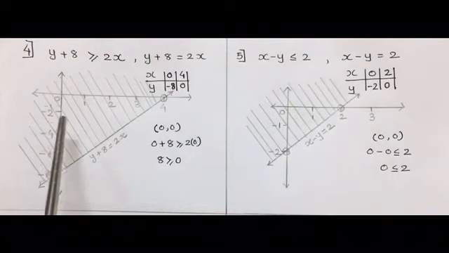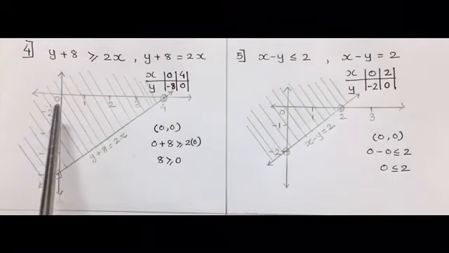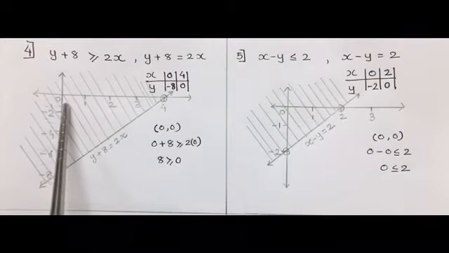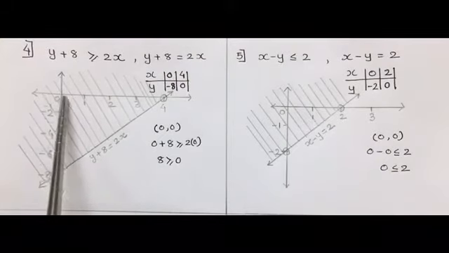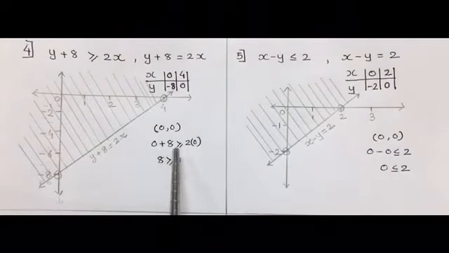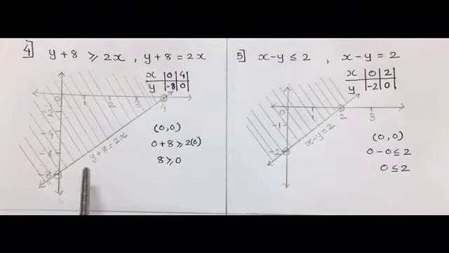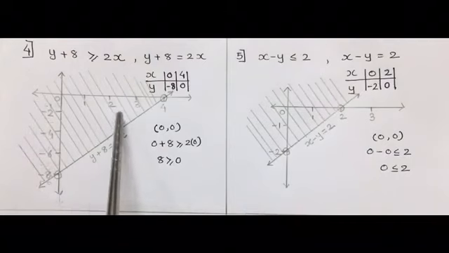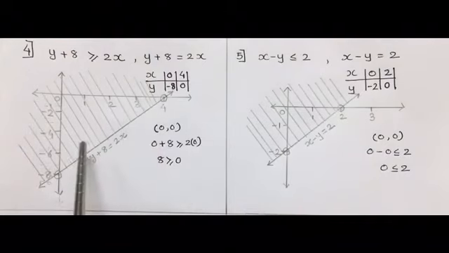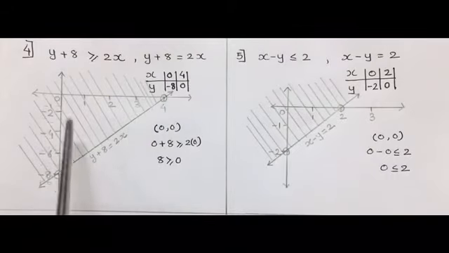Taking one point from either of these parts, suppose we take 0, 0. Keeping 0, 0 in the inequality, we get 0 plus 8 greater than or equal to 0. So 8 is greater than or equal to 0. It is true, therefore the solution will lie towards 0. So the side towards 0 is shaded.